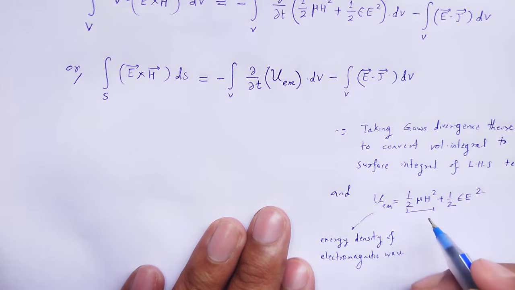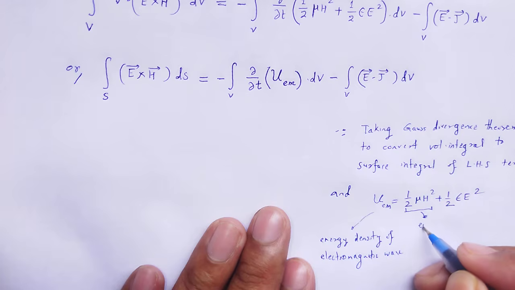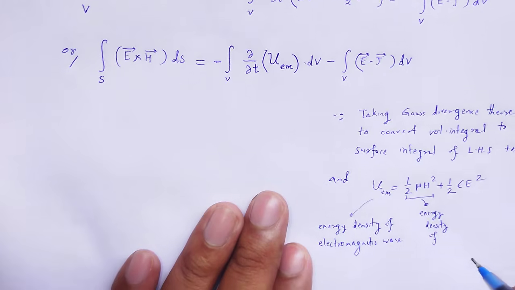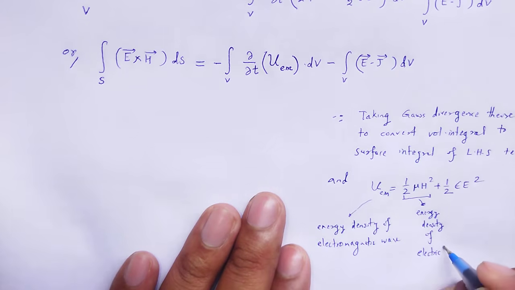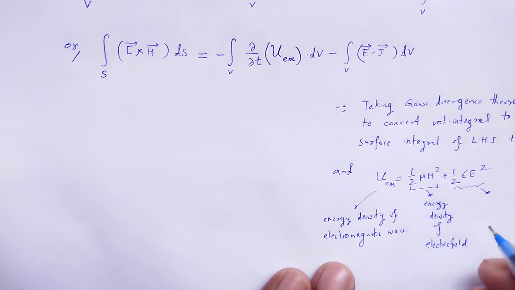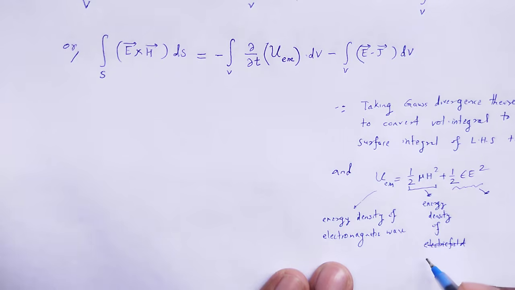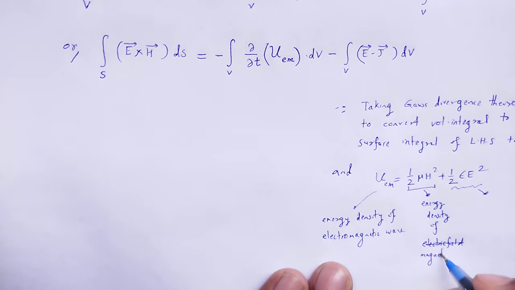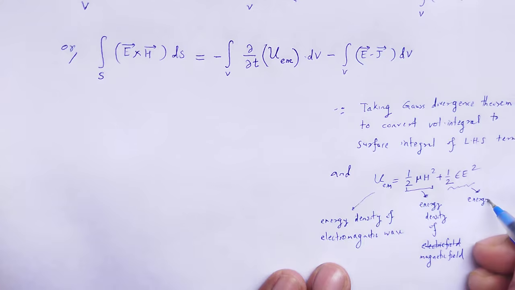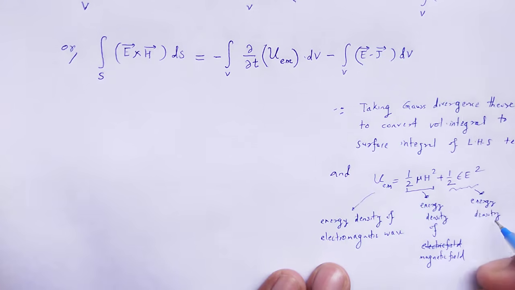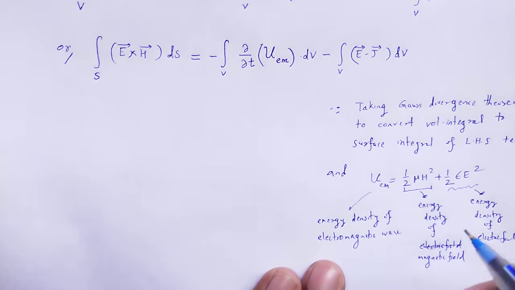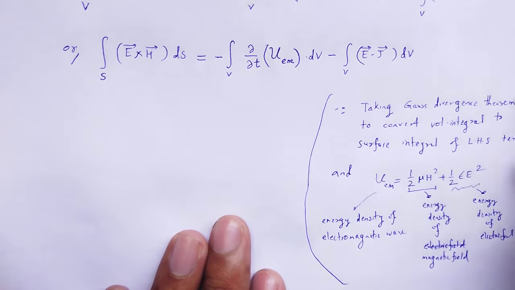Similarly, half epsilon E square is the energy density of electric field, and half mu H square is the energy density of magnetic field. As electromagnetic wave is a combination of electric field and magnetic field.